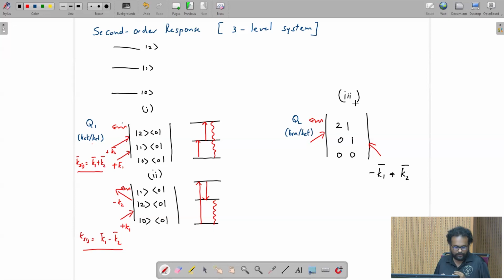Let's see if you are able to calculate the correlation function, from Q2.